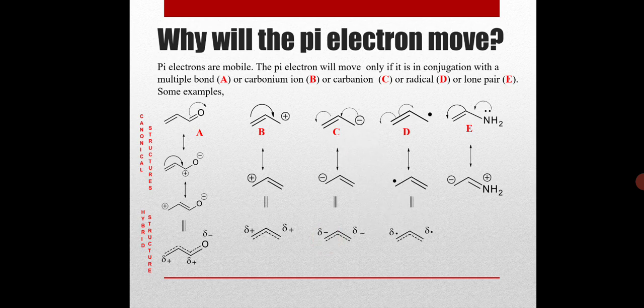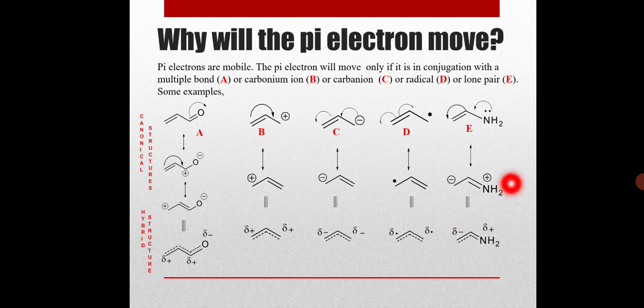This is the resonance hybrid structure for compound D, which also shows the flow of electron from one end of the molecule to the other. There is a radical sometimes on this carbon, and in another structure the radical is on the other carbon, so that is shown in the resonance hybrid structure. This is the resonance hybrid structure for compound E, where the electron flows from nitrogen to the carbon.